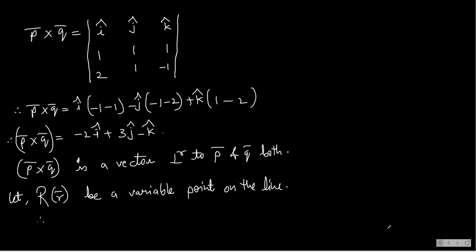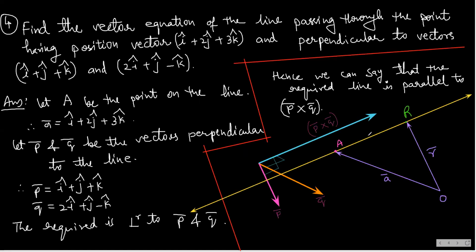Therefore, now students, look at this. The vector AR bar is now parallel to P bar cross Q bar. Remember, earlier, the parallel vector we would always take as B bar.